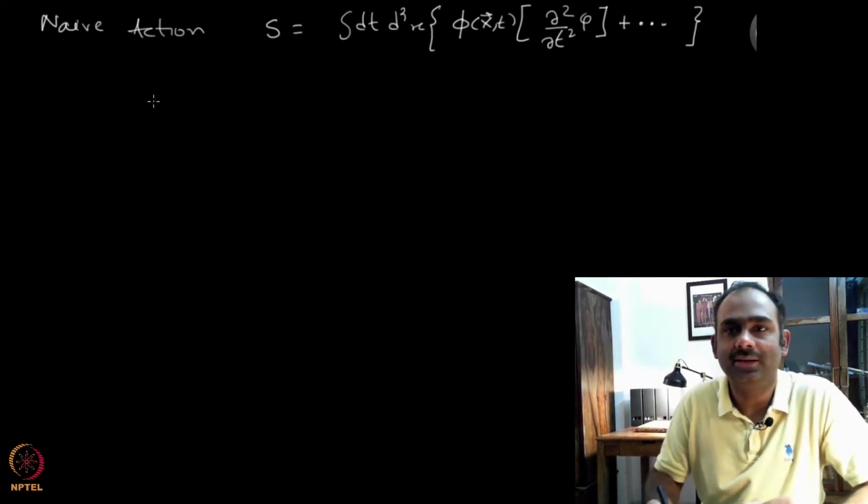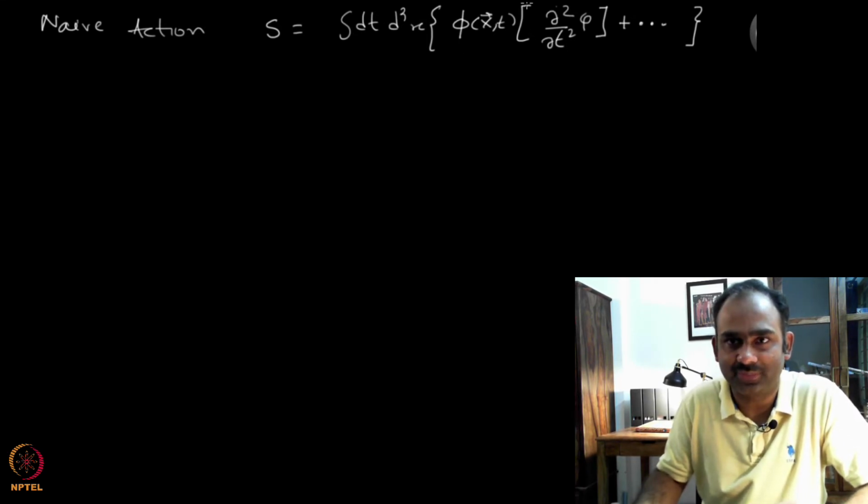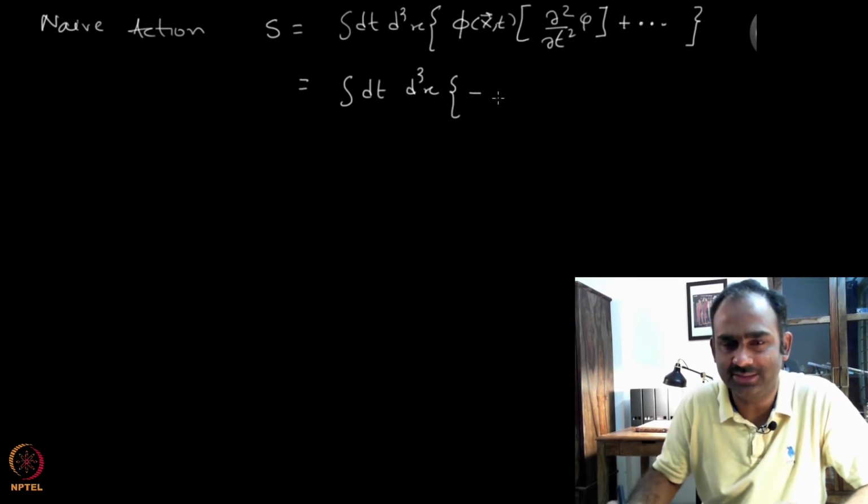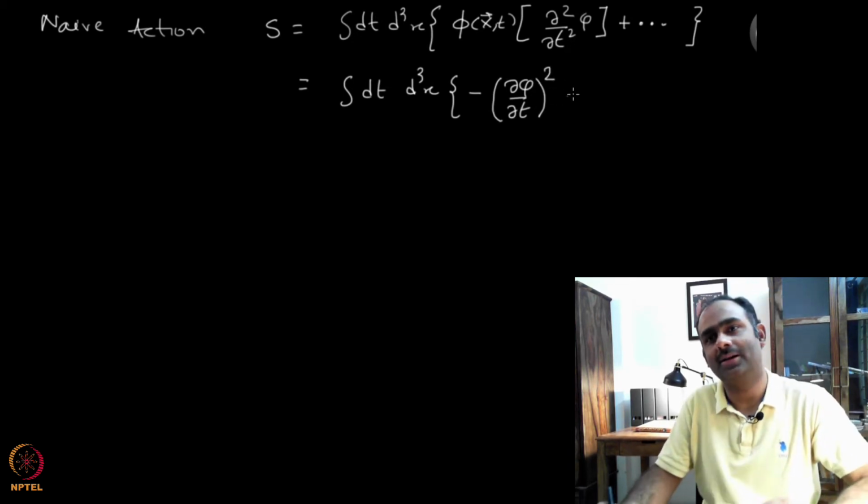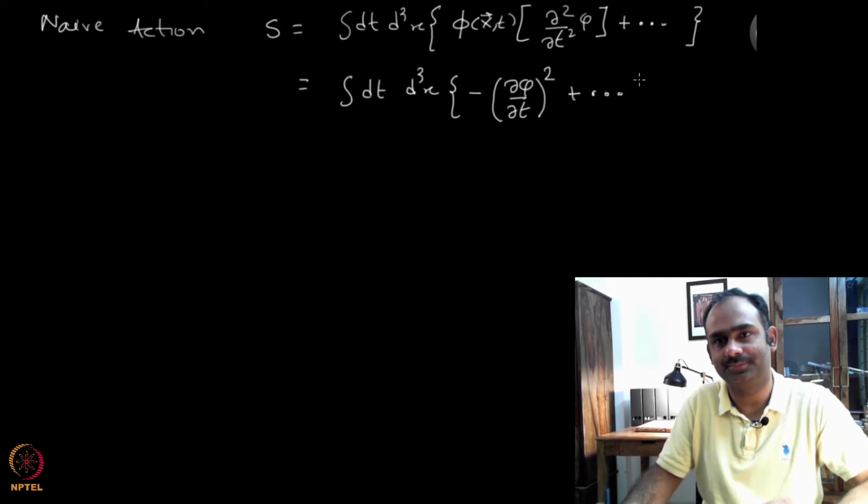Now if you do that, what I showed in the previous slide, transferring this derivative here, you will get dt d cube x minus, one derivative is pushed here, so it becomes del phi over del t, and you still have one derivative left, so it becomes this. And then of course you have other terms.